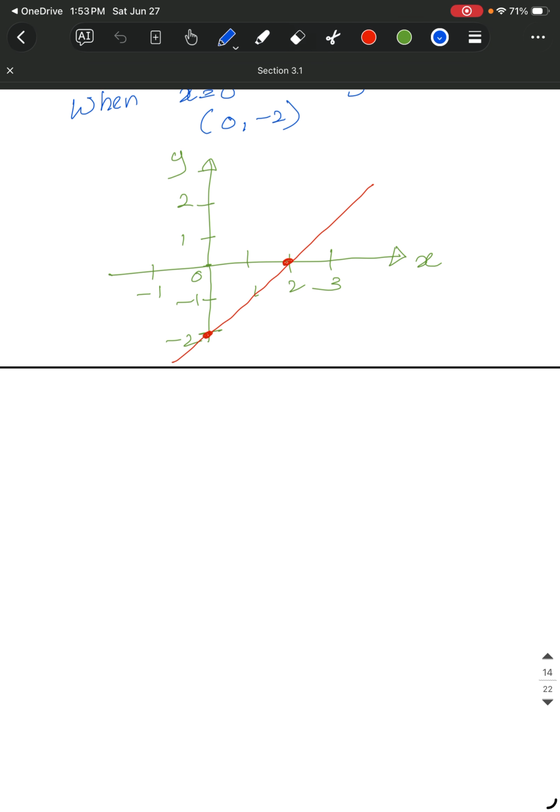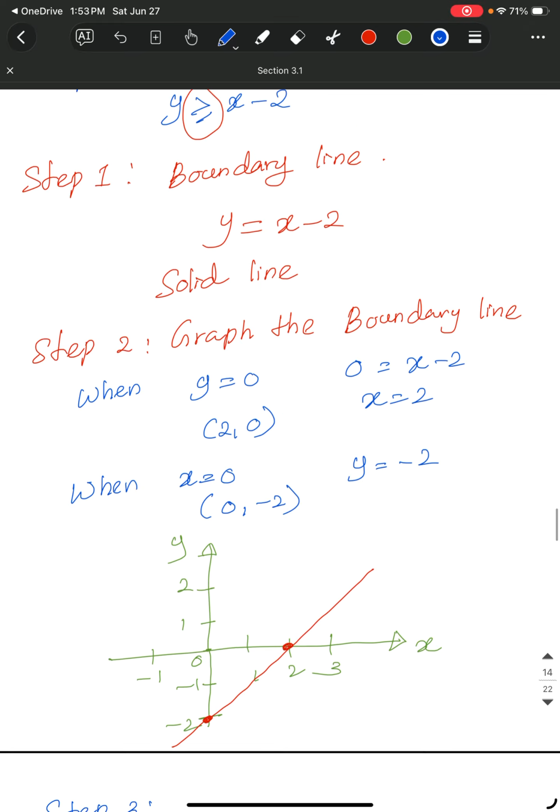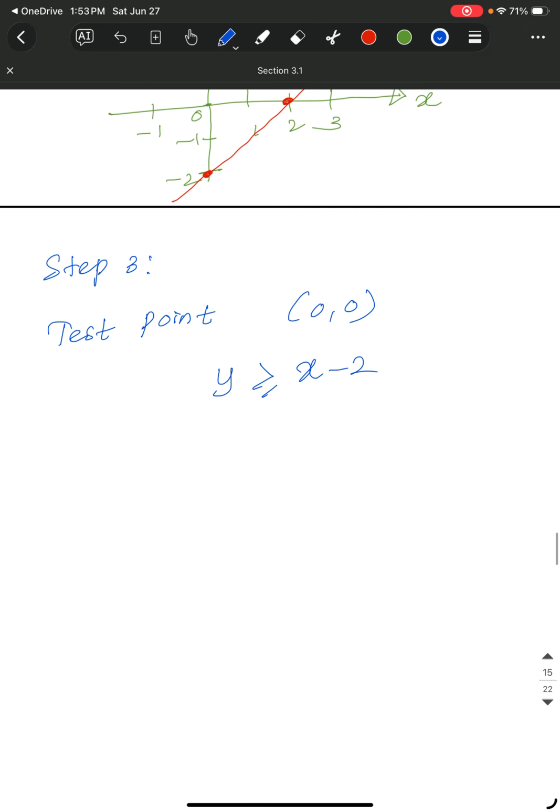Then step 3, test point. Let's choose (0, 0) again. Then substitute it into the inequality y greater than or equal to x minus 2.